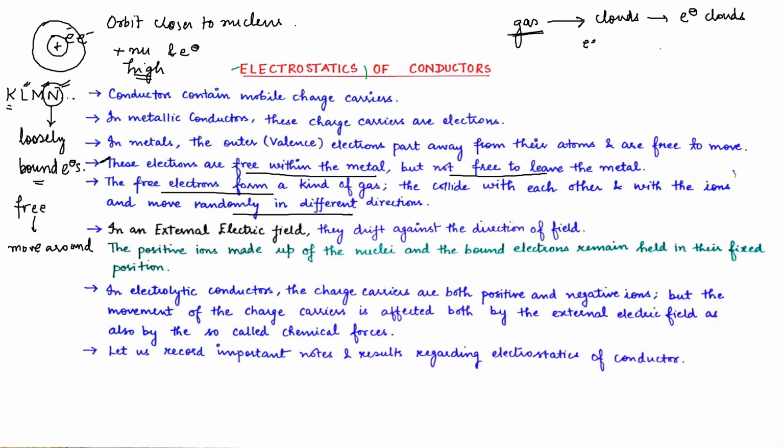Like here we have so many electrons in the outer shell, forming a gas-like structure. Like in gases we have so many particles, they also behave like so many particles, showing random motion.